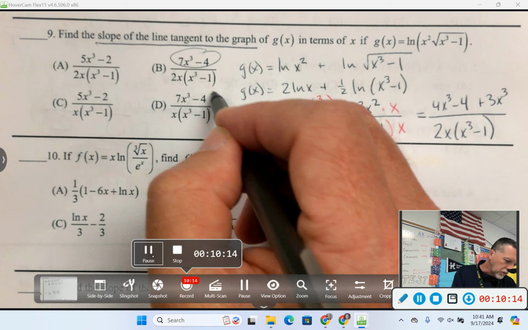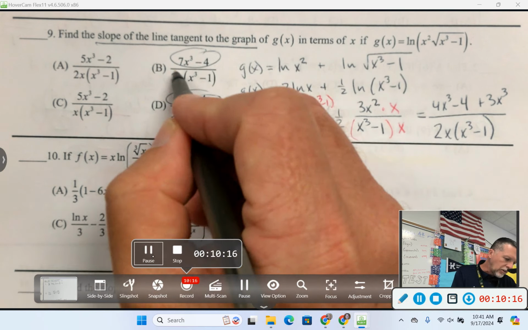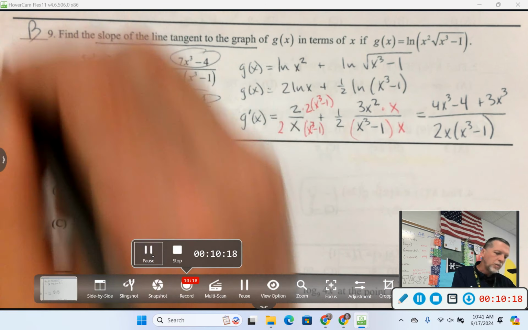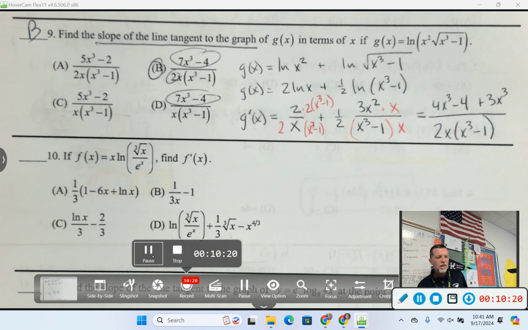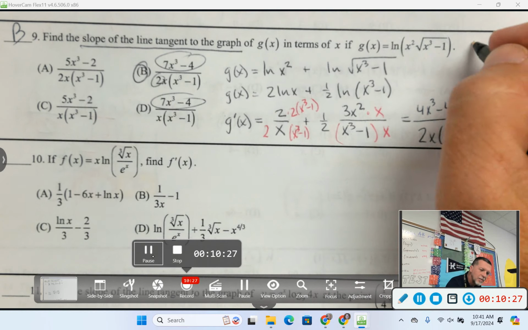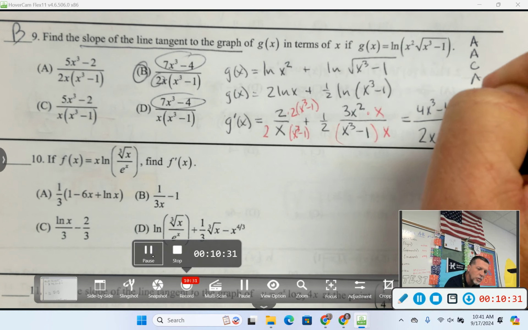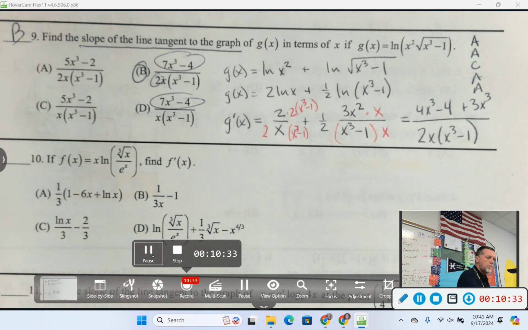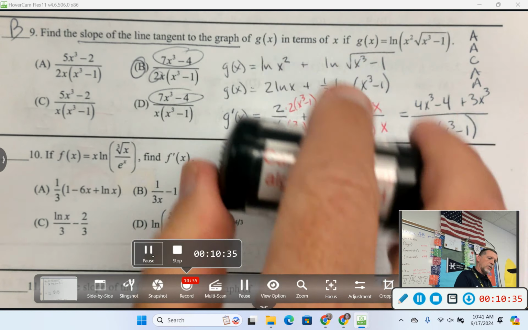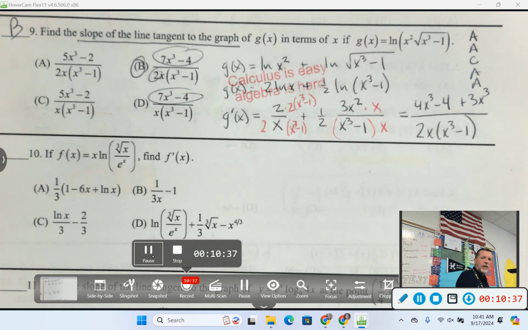Yes, I've got 2 of those. And I also need that 2 in the bottom, so answer choice B. The order of that problem was algebra, algebra, calculus, algebra, algebra. So I hope your algebra skills are good, right? Because we keep using them.